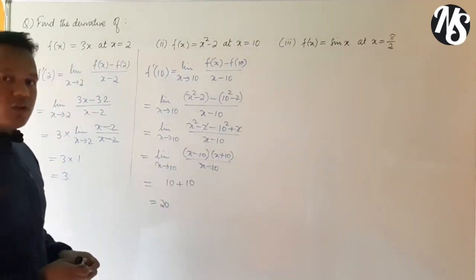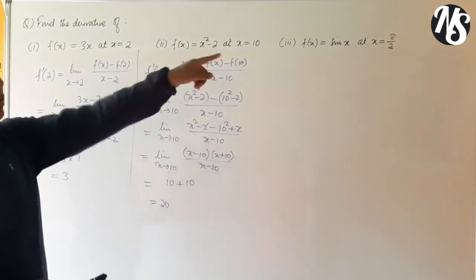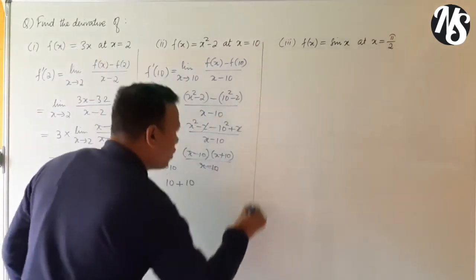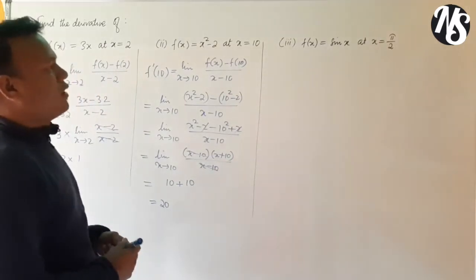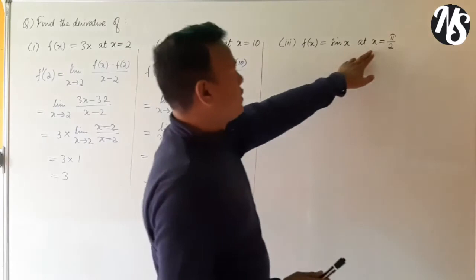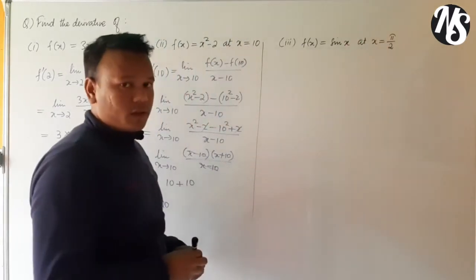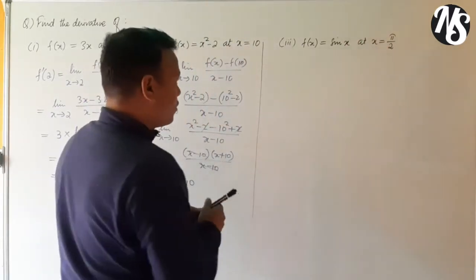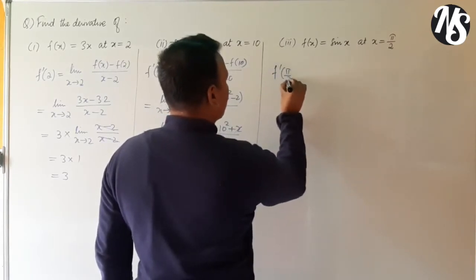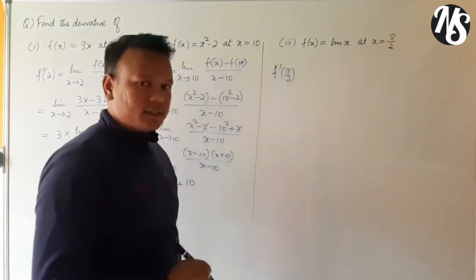So what is my answer for the second question? My answer is 20. Now the third one is very important for you. Let's see how to find this. You have to find the derivative of f(x) equals sine x this time at x equals pi by 2. Okay, so f dash of pi by 2, that's what the question is asking, isn't it?